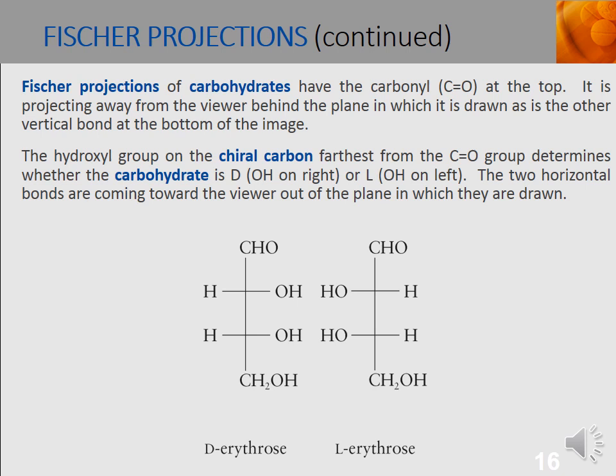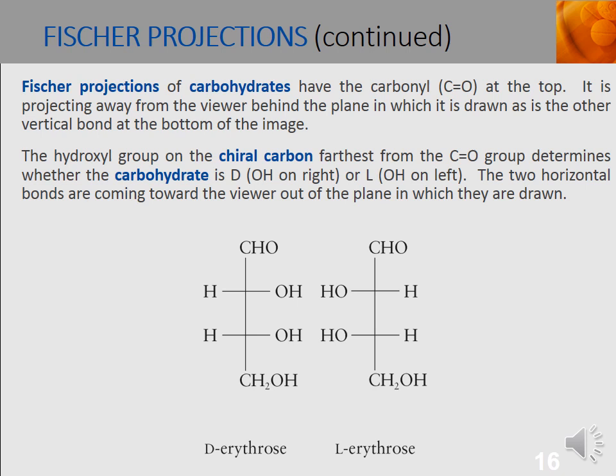When we establish a relationship between two sugar molecules like D-erythrose and L-erythrose, I have discussed clearly in my earlier lecture that capital D and capital L are conventions, meaning these are not experimentally verified values.